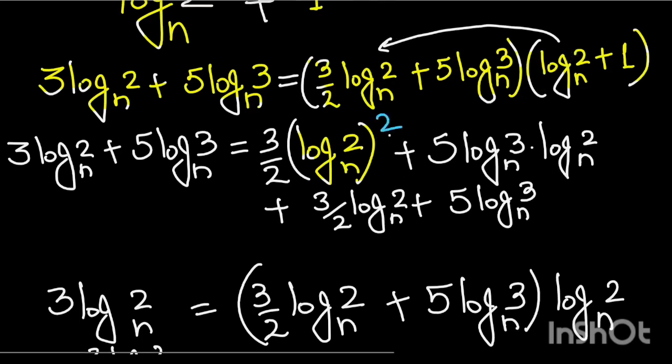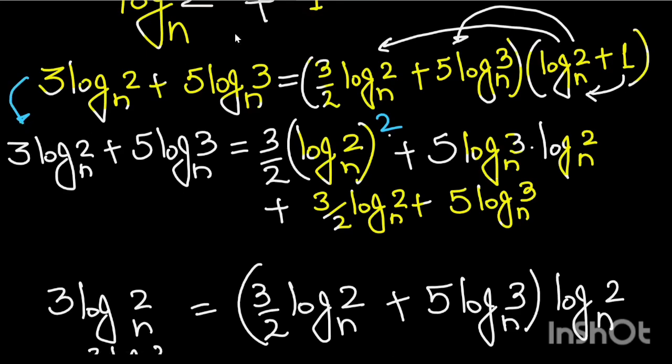Now in the next multiplication, 5 log 3 base n into log 2 base n. Now 1 is multiplied to the entire bracket, so the terms 3 by 2 log 2 base n plus 5 log 3 base n would be as it is, and on the left hand side the entire term 3 log 2 base n plus 5 log 3 base n is as it is guys.